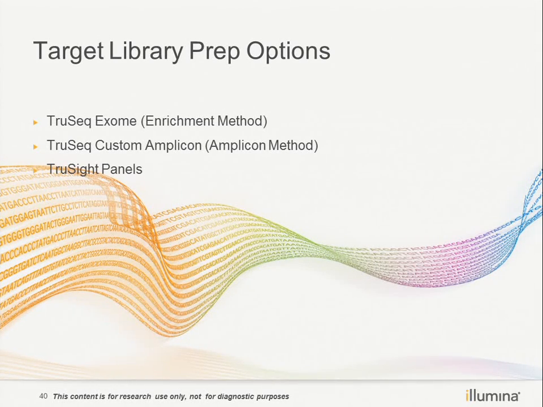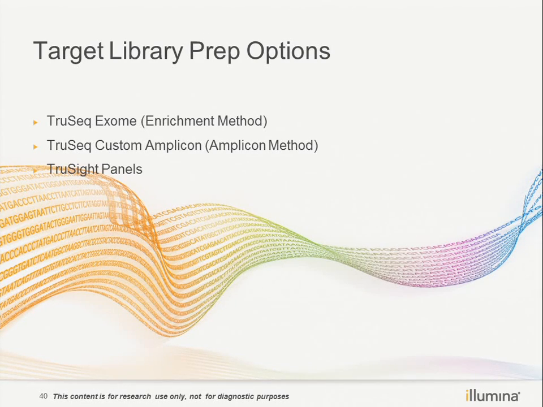This way, users can customize your own kit, only targeting your interested amplicons. So there are two methods. And finally, we also provide a family of fixed panels. We call it TruSight. They target different disease-related genes, for example, some cancer-related or autism-related or some inherited disease-related.